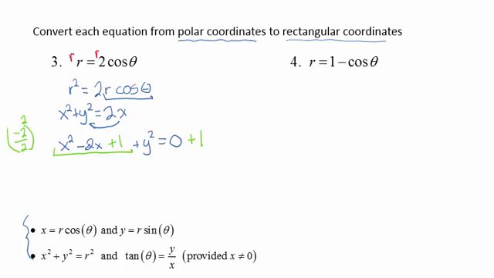This now allows us to write these first three terms as x minus 1 squared plus y squared equals 1, which we do recognize as a circle of radius 1 that's been shifted 1 unit to the right. So it would be centered at (1, 0). Our circle would look something like this.